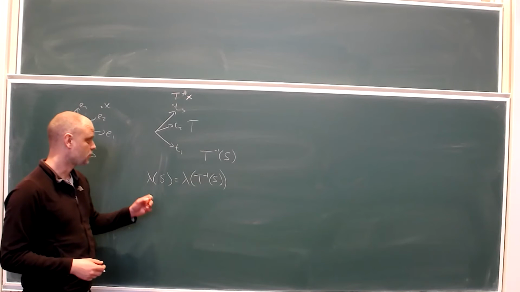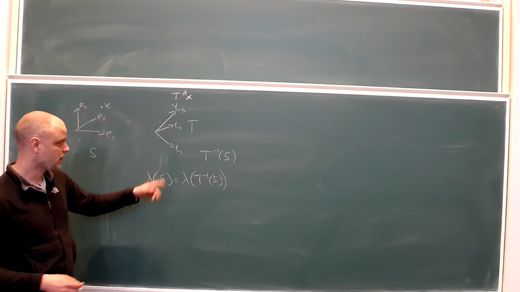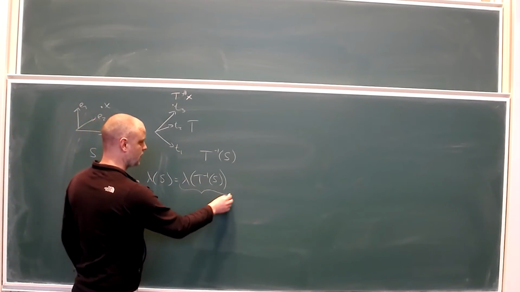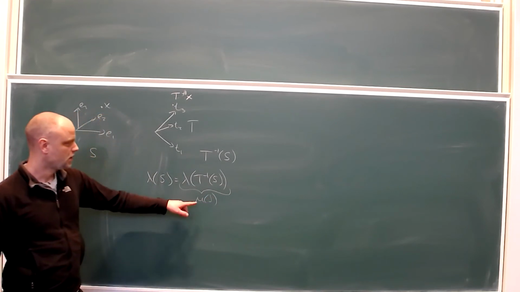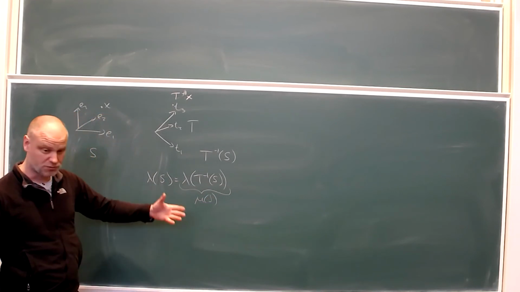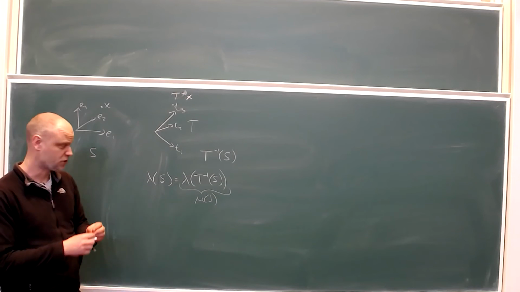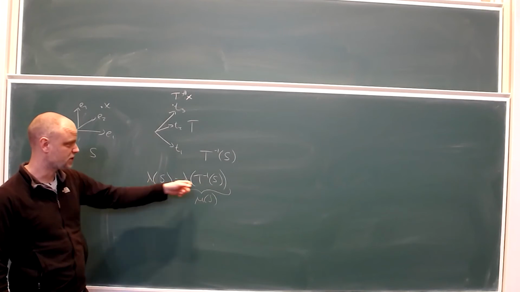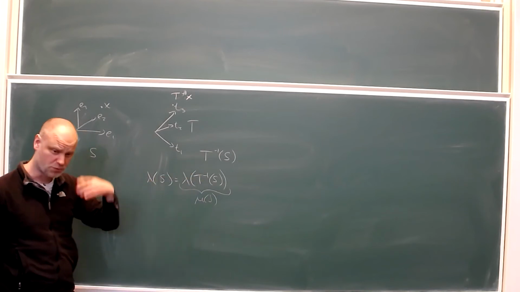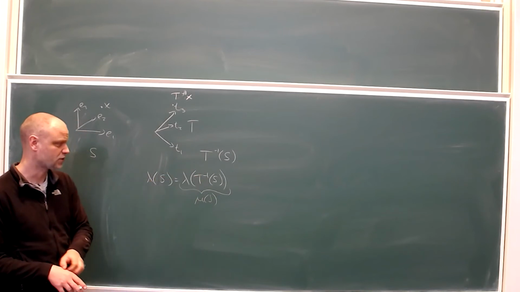All right. So clearly, I can define this as a new measure, mu of S. And now it becomes translation invariant. Yeah, because this guy is translation invariant and this is a linear operator, so it's translation invariant here as well.